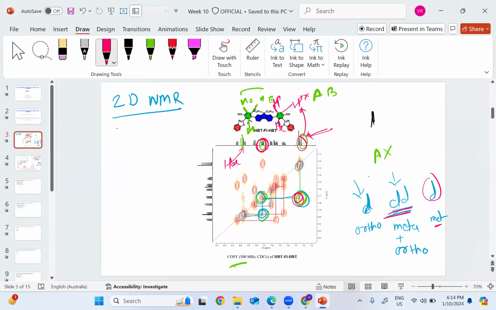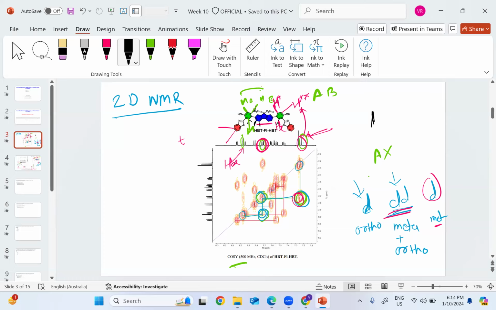And again, whatever the remaining signals are there, also do the same. Because if you look at this, in this blue type of system and the red type of system, the triplet, right? The triplet is present for this hydrogen as well as this hydrogen, but no triplet will be observed in the in-between system, because there are three types of protons, one, two, three. But this should be a doublet.